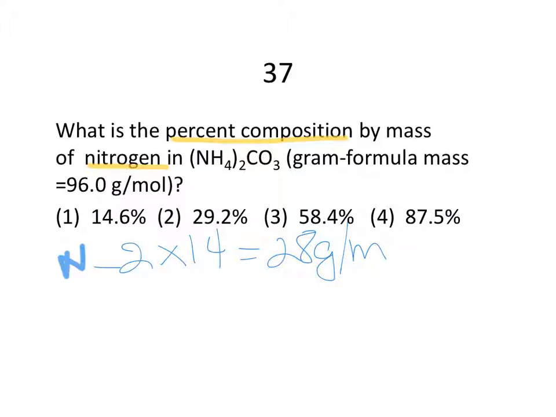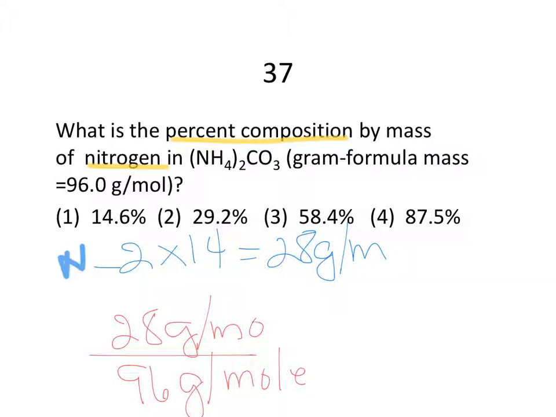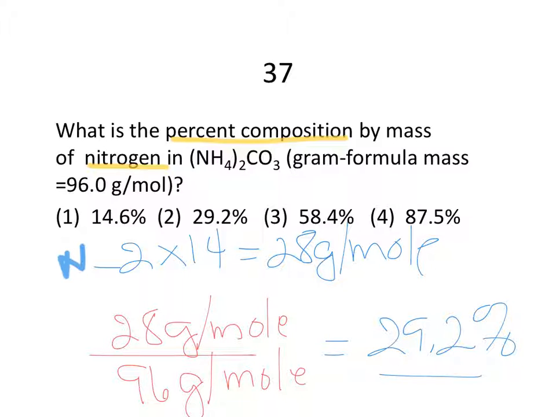So therefore, we're going to put 28 grams per mole over 96 grams per mole. And that is going to give us 29.2%. So that is going to give us answer number 2.